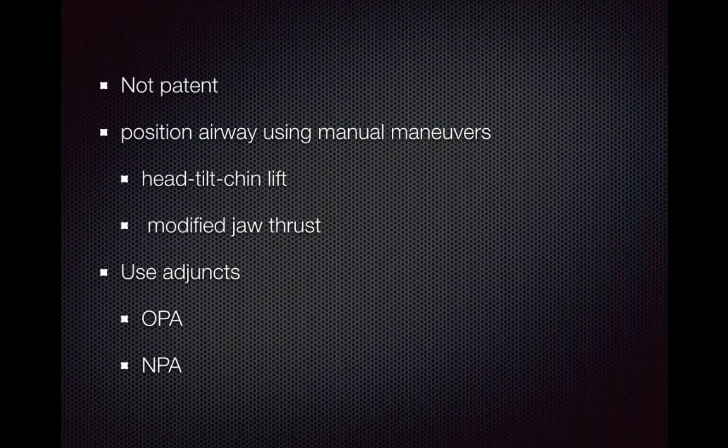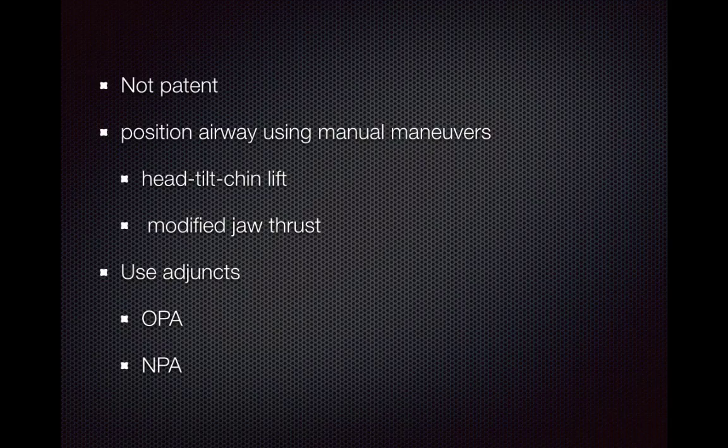Now we're going to look into using an adjunct. And adjuncts are one of those pieces that I think get underutilized a lot in the field, particularly locally. The OPA, or oropharyngeal airway, and the nasopharyngeal airway are two devices that we should be using every time we need to secure or help ensure the patency of an airway. Because professionals use the tools at their disposal.